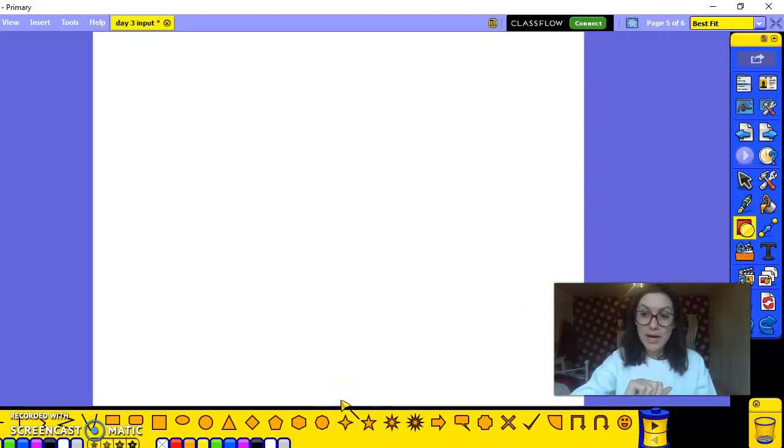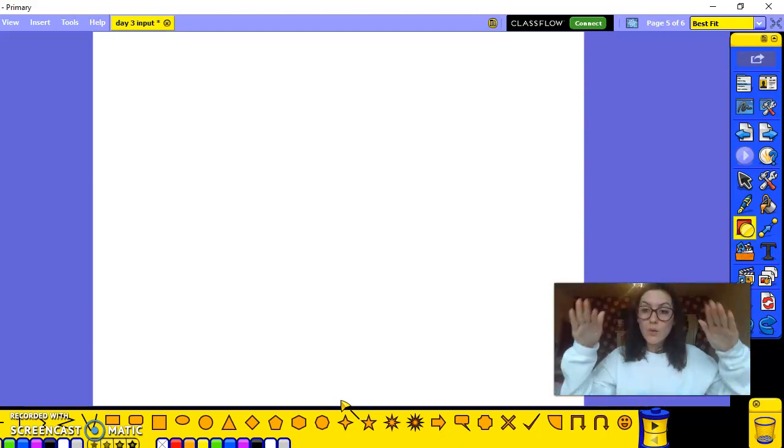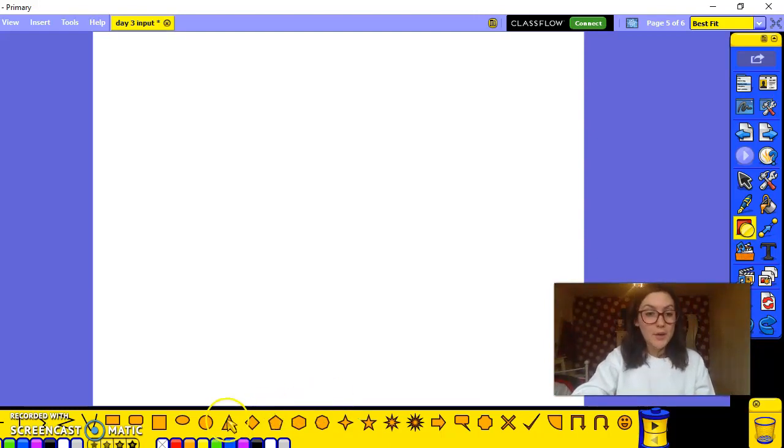a Christmas tree. Now, what shapes could I use to make the outline of my tree? What would be a good shape? A triangle, fantastic. So I'm going to choose my triangle. I'm going to do it in green. And I think I'm going to do one at the top, slightly smaller.